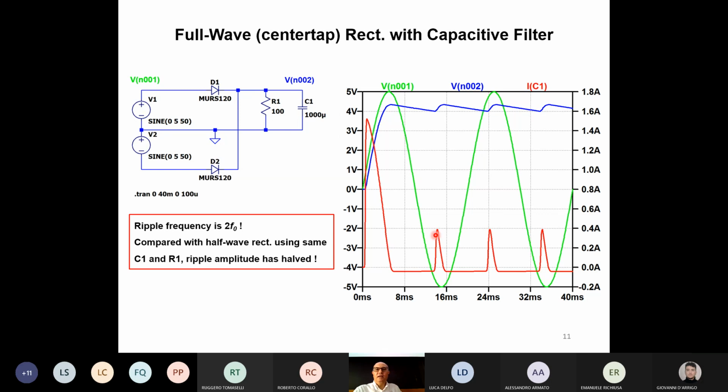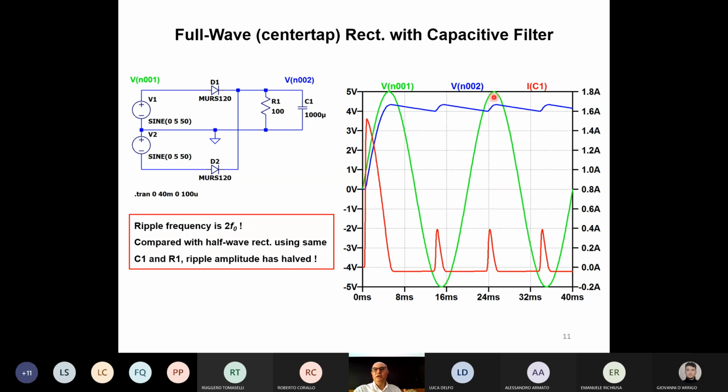If you look at the current through the capacitor, you see that apart from the initial peak, because the capacitor is discharged, you have a peak of current at the beginning. And then a peak also at the negative peak of the input voltage. Why? Simply because this full wave rectifier is using also the negative peak for charging the capacitor.